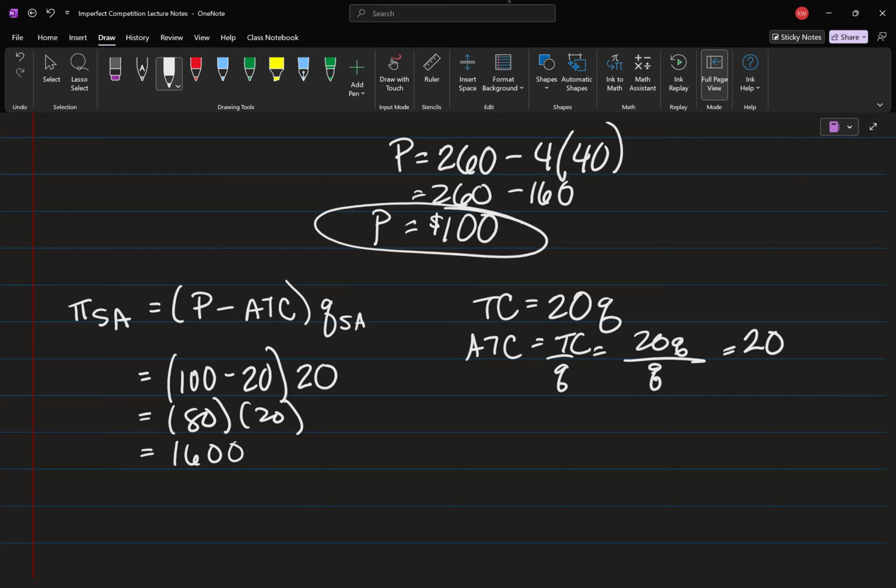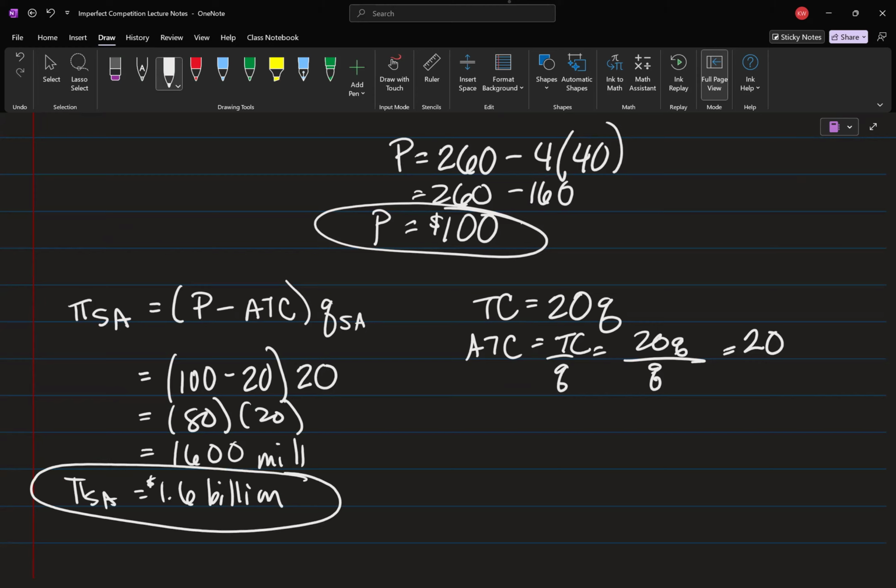And note that this 20 is in millions, quantities measured in millions, so it's actually 1.6 billion. So Saudi Arabia's profits are $1.6 billion.